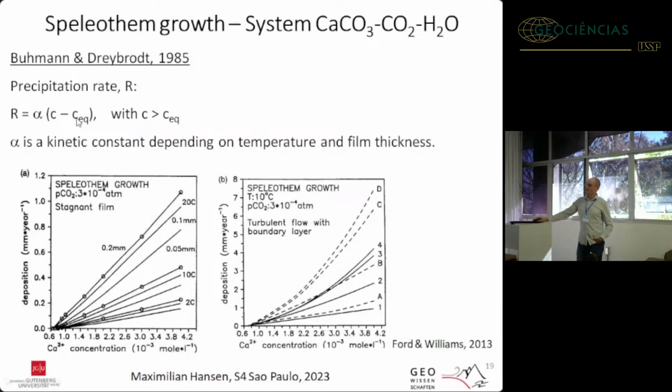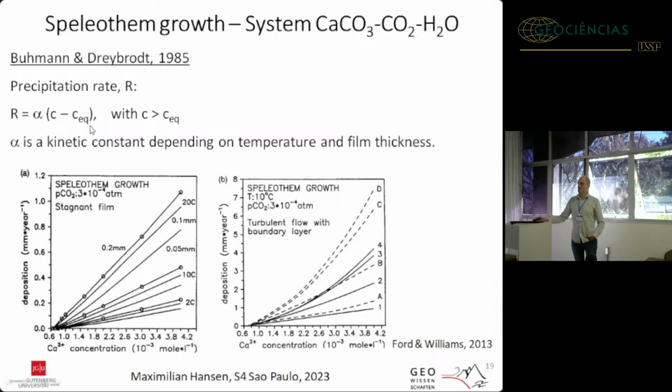The C's here describe the concentration of calcium carbonate in the solution, like dissolved calcium. This one is initially the concentration when the water enters the cave, the maximum concentration in equilibrium with a high PCO2. The second one is the concentration of calcium in equilibrium with the cave PCO2, right?